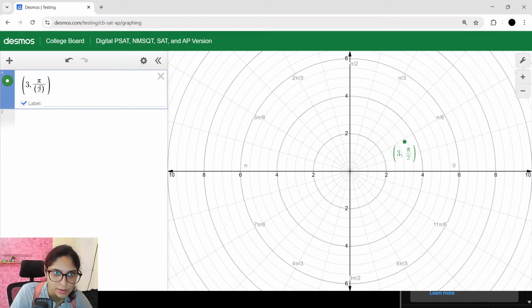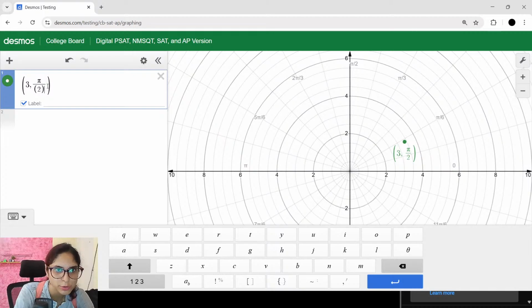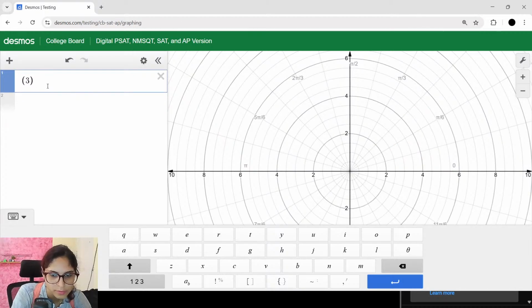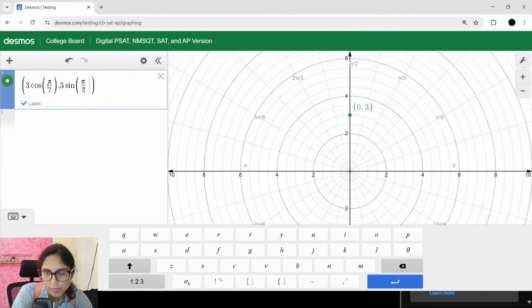So for that, you will have to write 3 cosine pi over 2 and 3 sine pi over 2. Now it's over there. All right.